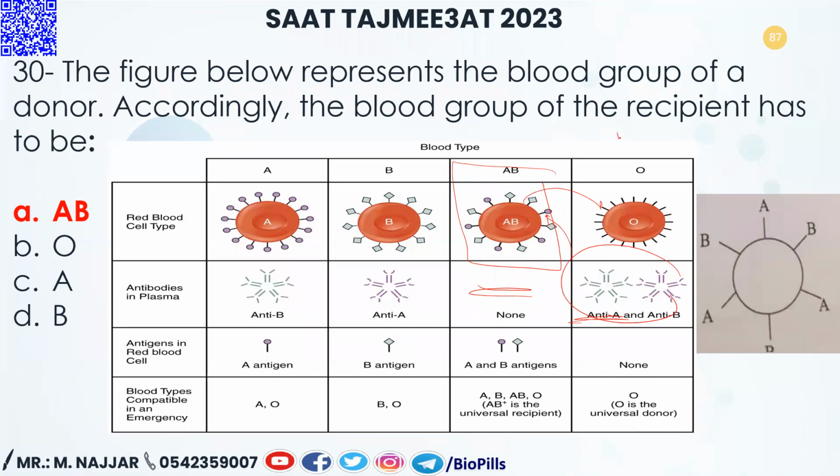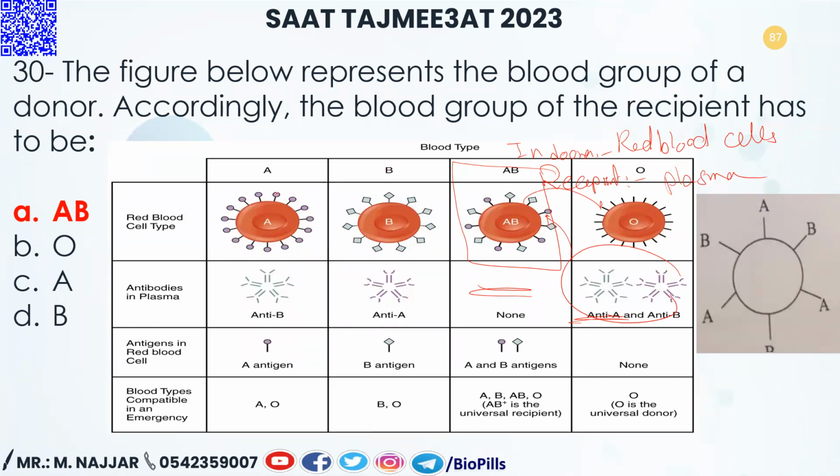Look at the red blood cells in the donor. In the recipient, look for plasma. So blood group A cannot give to blood group B. Why?